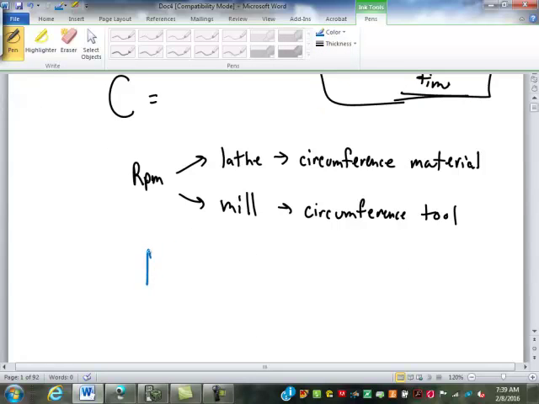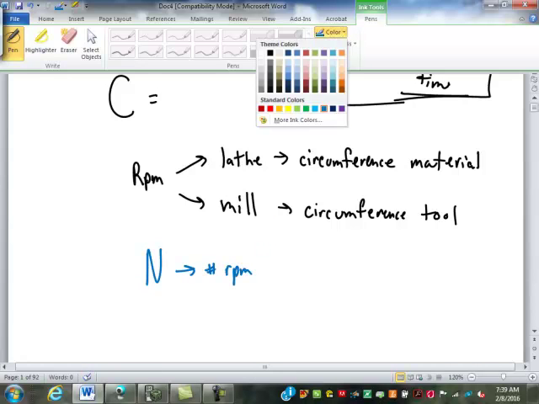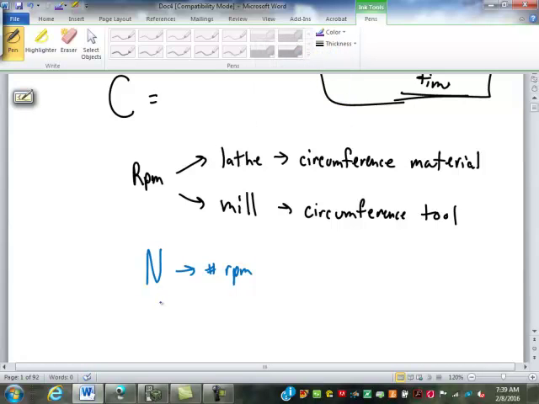So we're going to let n equal the number of RPM. The number of RPM times the circumference of the tool or the material is equal to the distance per minute.